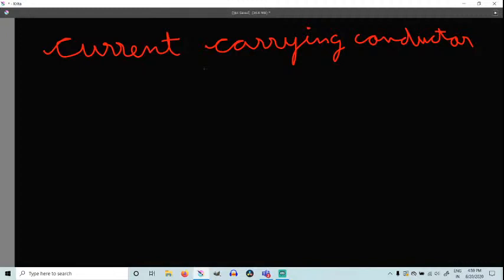Now what I do is I take a magnetic needle and I let it point in the north-south direction. Suppose the north is this side.